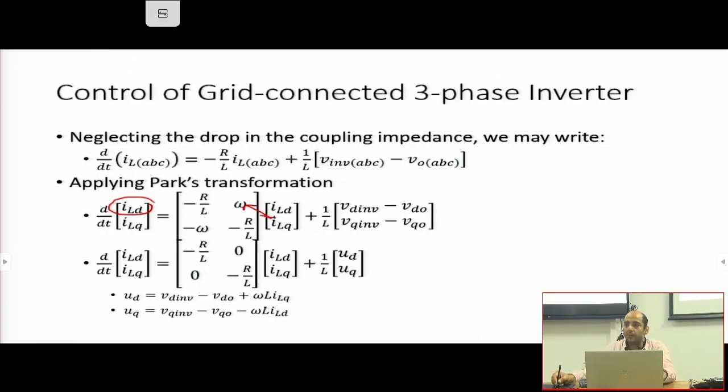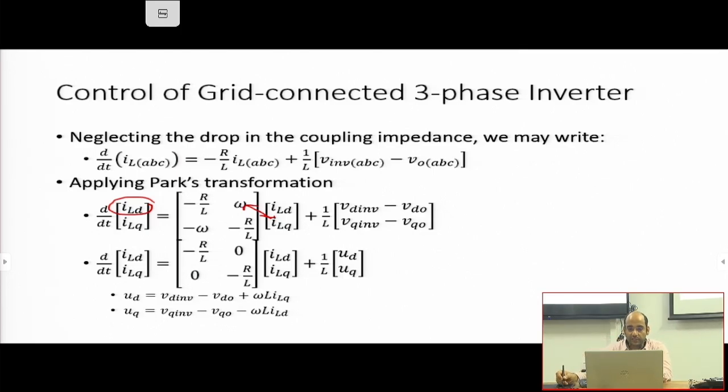Here in ABC you don't have this. In ABC you can write VL phase A, IL phase A, IL phase B, IL phase C. Completely three different equations. Here you do not get three different decoupled equations, because of that differentiation, the other terms come up.